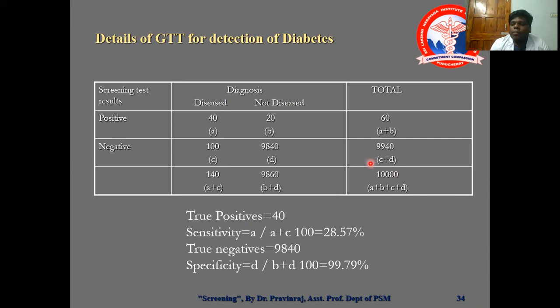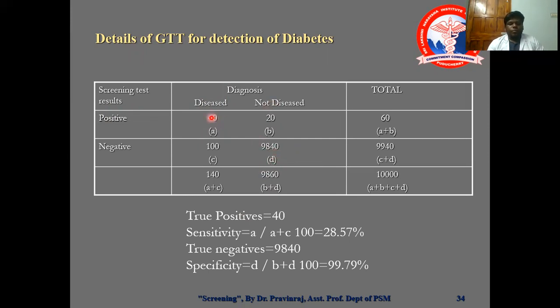So for 10,000 people, this test has been done. You see here, this is true positive and this is true negative. Why is this true positive? It is positive by disease and it is also positive by the screening test. And here also it is the same: it is negative from both sides. So this is true negative, and that is true positive.